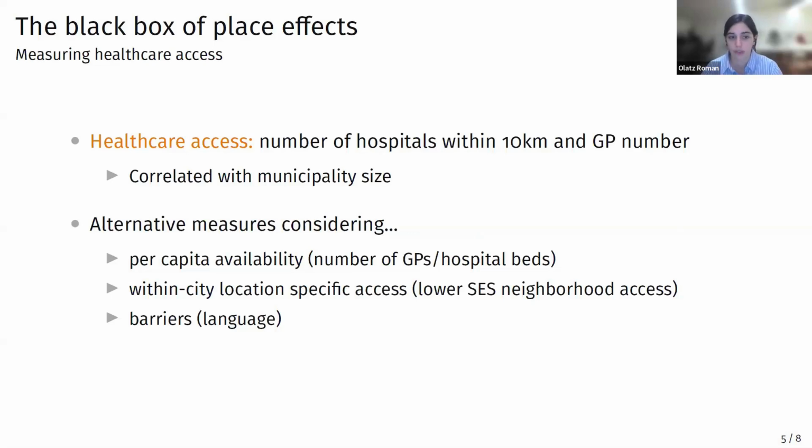Or other considerations, not only the number of hospitals within 10 kilometers, but also where the hospitals are located, if it's in the areas where refugees are normally located, or if it's in richer areas, for example. And well, I don't know if it's so visible, some notion of the barriers that they could be facing.